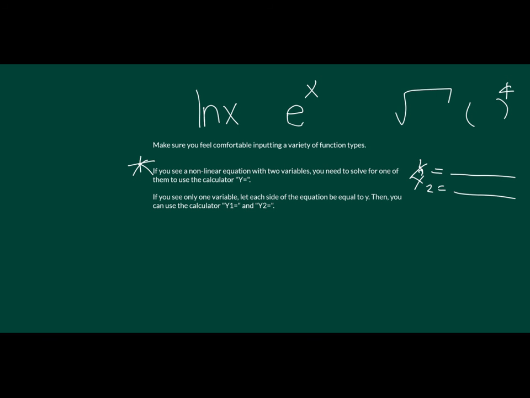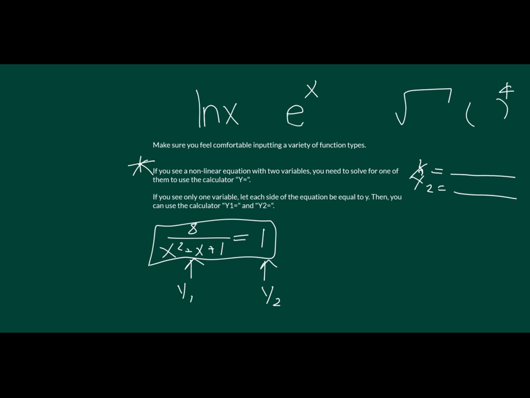If you only see one equation, this was like number 6 and number 7, where we had something like 8 over x squared plus x plus 1 is equal to 1. I only have one equation here. I need to turn it into 2. The left-hand side becomes y1, the right-hand side becomes y2. Okay? So those are the two different types of situations you're going to find yourself in.